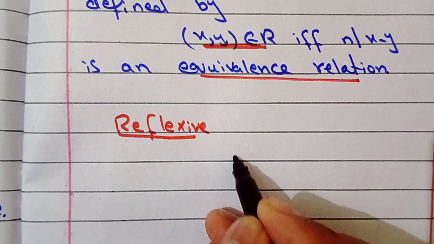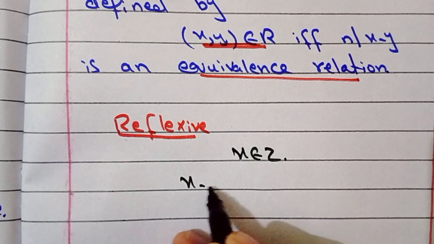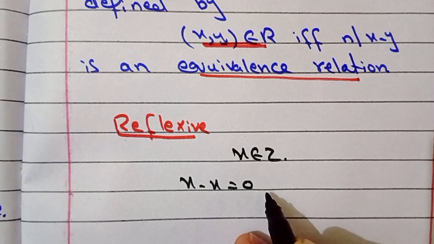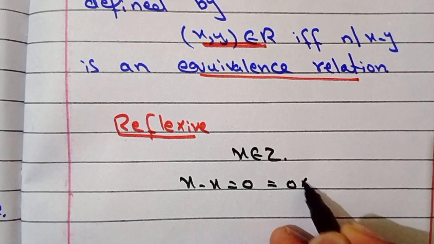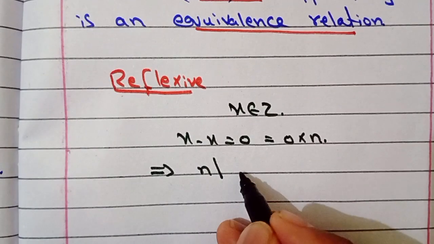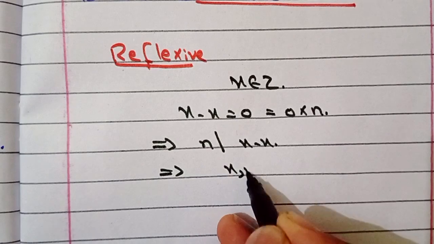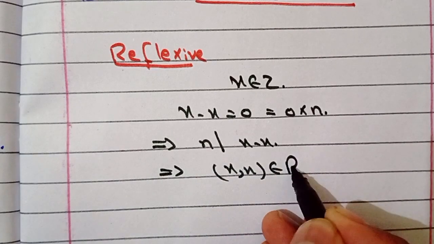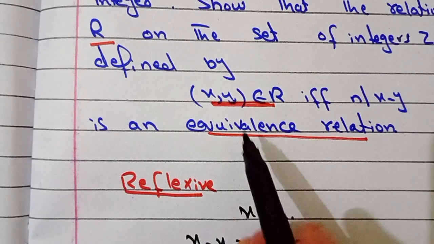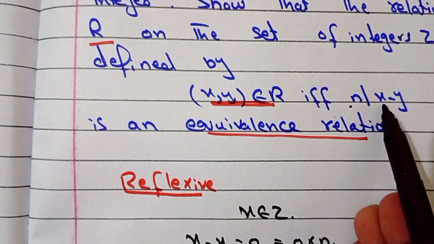Reflexive property. Say x belongs to the set Z, and we already know that x minus x is equal to 0, and we can write it as 0 multiplied by n. This implies that n divides x minus x, and this implies that (x, x) belongs to the relation R, because we defined the relation as (x, y) belongs to R if and only if n divides x minus y.